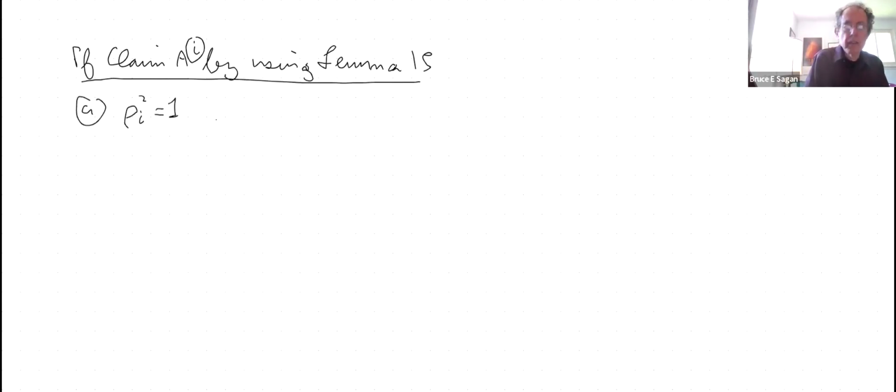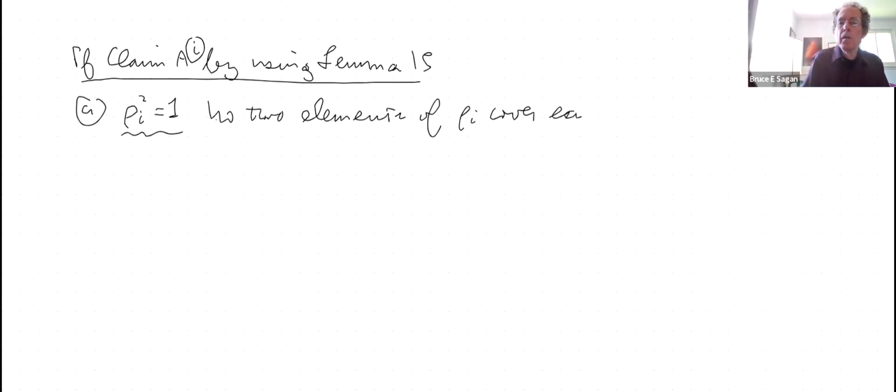Why is that? Well, it's the same as before. Remember, no two elements of the ith row cover each other, so all the toggles commute.